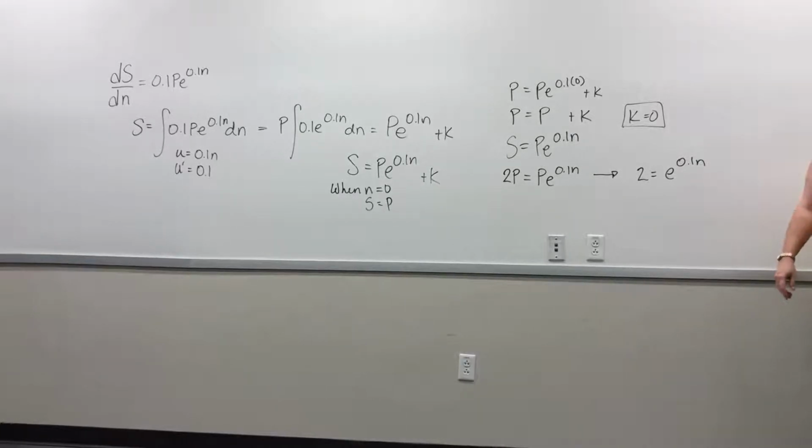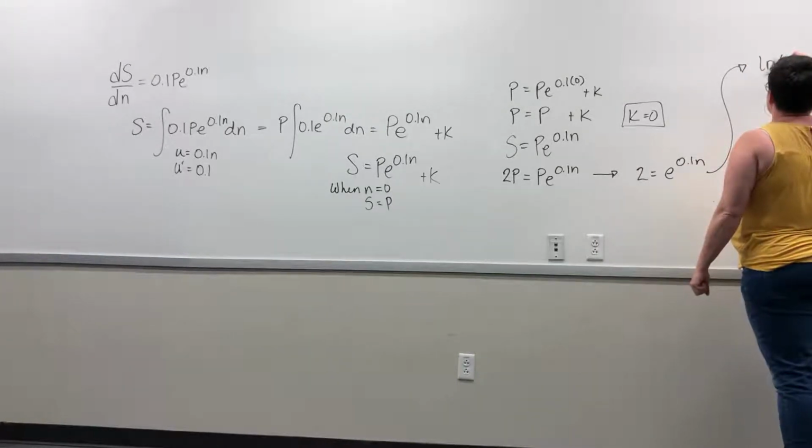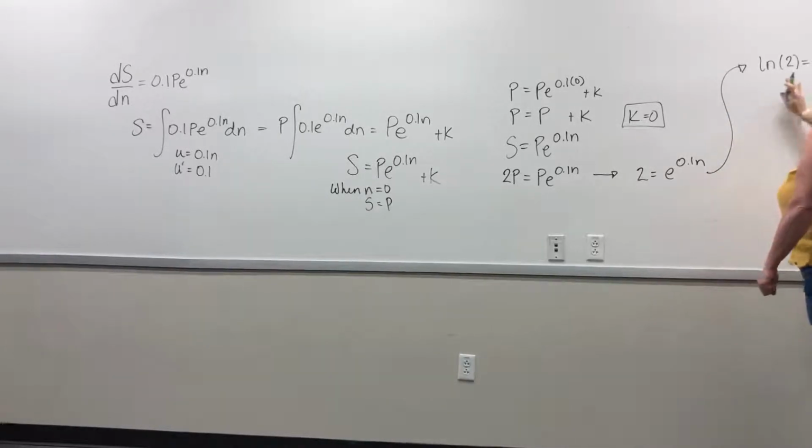What's the only way to do that? Natural log. So I take the natural log of both sides. This side stays natural log of 2, and this side becomes 0.1 n. So far, so good, guys?